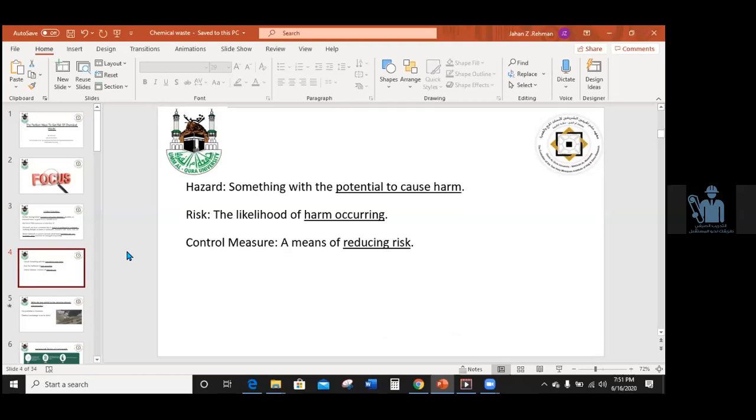Acid is risky. Yes, the use of acid is risky because it can produce harm. But if we are talking about water, is water hazardous? No, water is not hazardous. But is water risky? Yes, in some conditions water is risky.